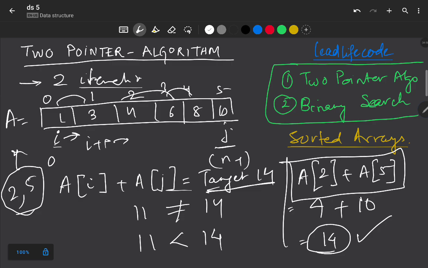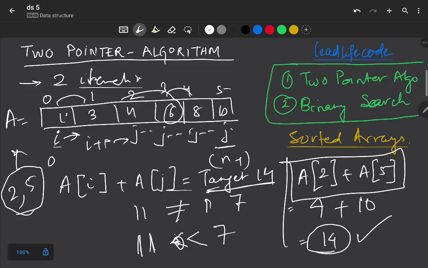There is another scenario. Let us say we change the target to 7. What will happen is 11 is greater than 7. If it is greater than 7, then you will do J minus minus, then again J minus minus, then again J minus minus. Like that you will do.